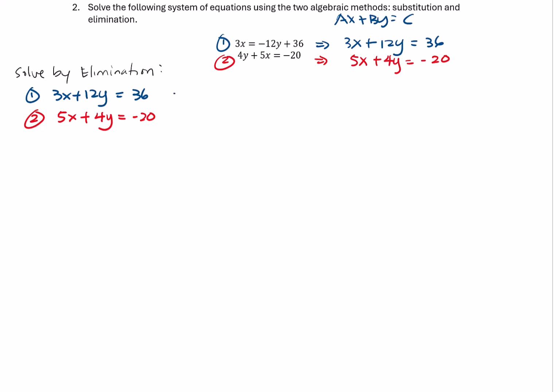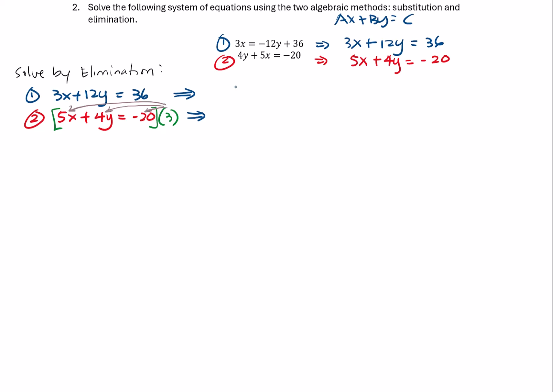There's no need to multiply equation 1 by any number, but we'll have to multiply equation number 2 by 3. All of it will be multiplied by 3.